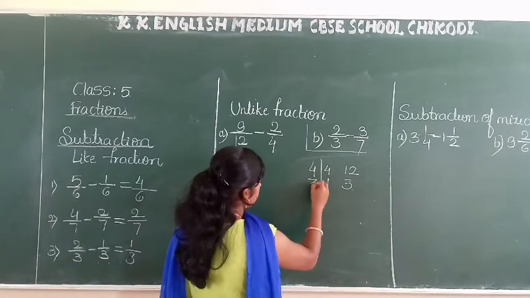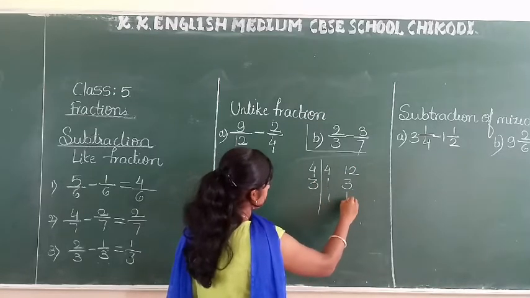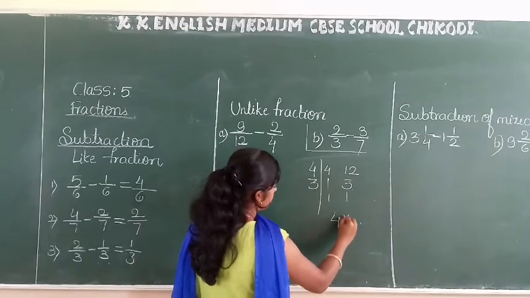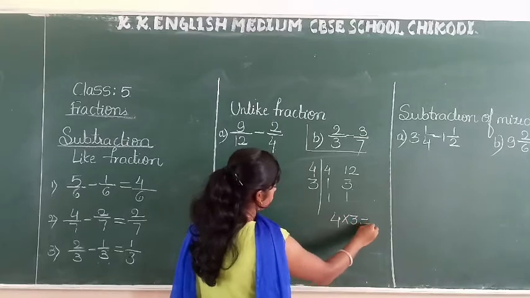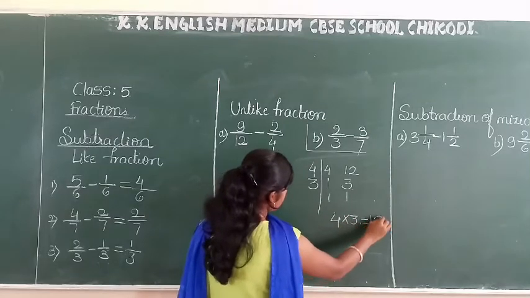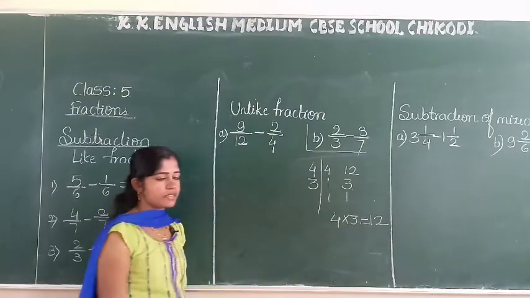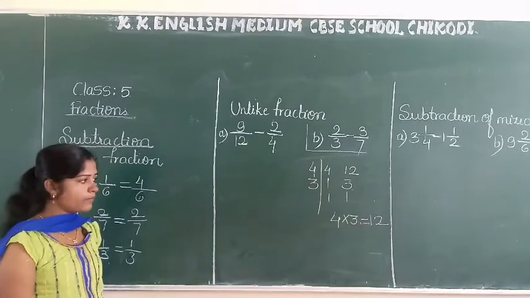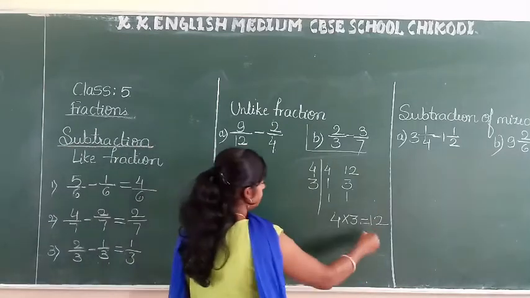Next, you take 3 here, 1 as it is, 3 ones are 3. 4 into 3, 4 threes are 12. What is the LCM here? LCM is 12.